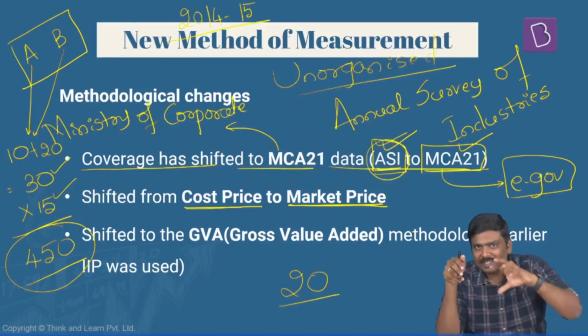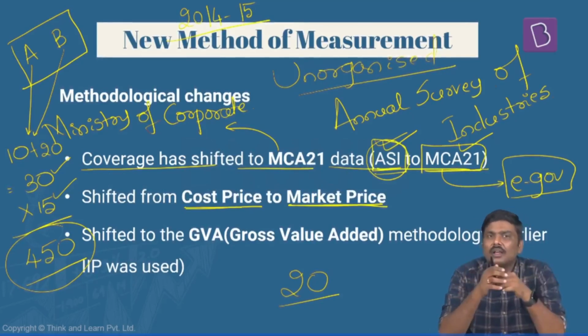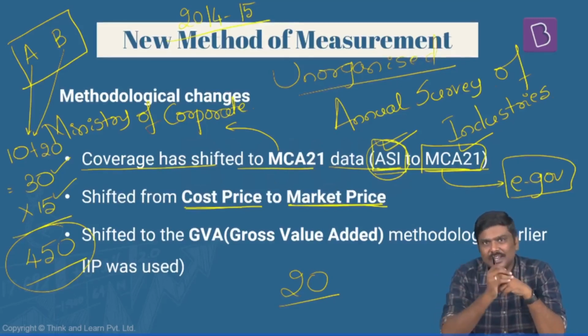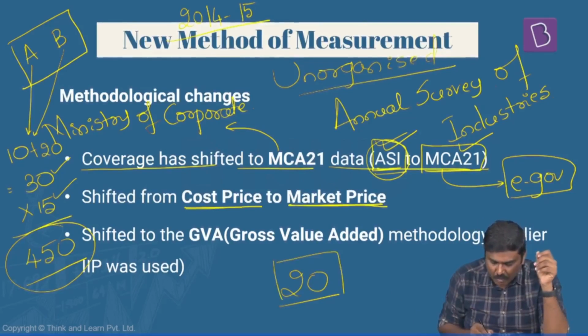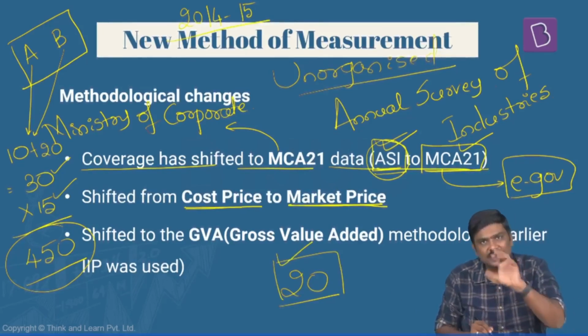If I simply take this input cost or the cost price, basically I've incurred cost to get raw material, electricity, labor, and to purchase machinery, and considering all of this, I'll simply say how much I've spent to manufacture this pen. 20 rupees is the expenditure.